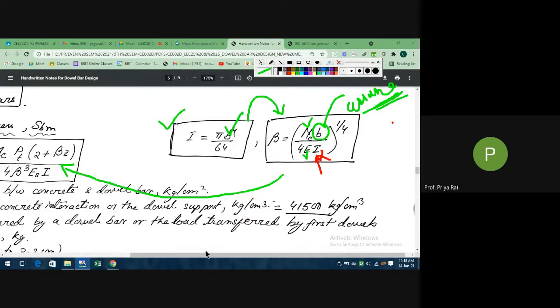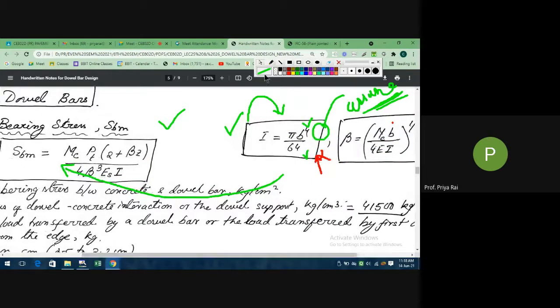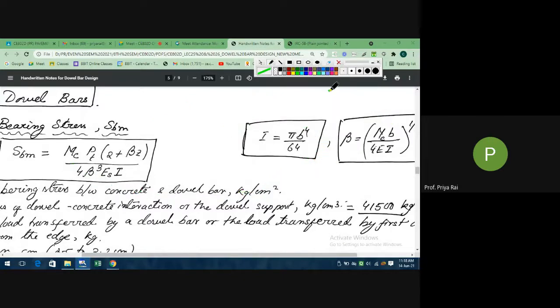Okay, but here also see, in MC also, beta we will assume and I will be known to us. Okay, now after calculating I, see here MC known to us, beta assumed, I we have calculated, E is given, so beta will be known to us now. Okay, we can use this formula.